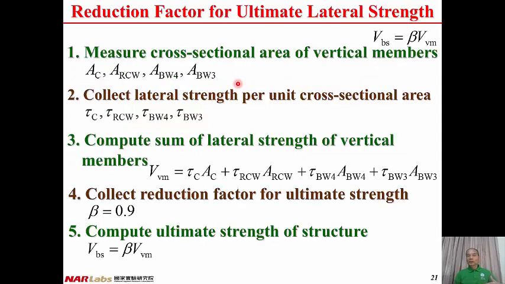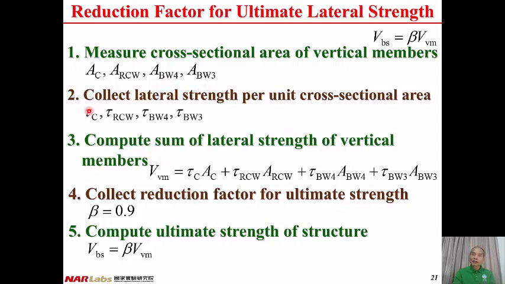And here's a procedure to find out the ultimate strength or the base shear strength of a building. Step 1, measure the cross-sectional area of the vertical members, including column, reinforced concrete walls, four-side bounded brick walls, and three-side bounded brick wall.